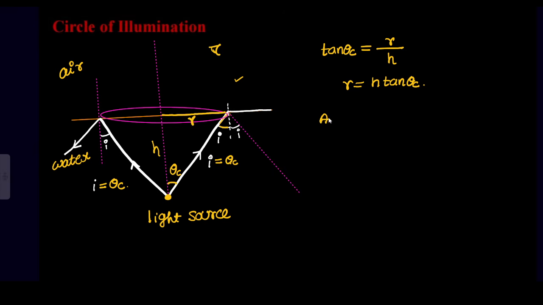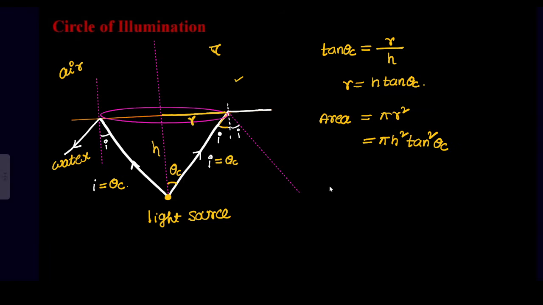And if they ask you to find the area of the circle, area is equal to pi r square, which will be equal to pi h square into tan square theta c. This is the area.